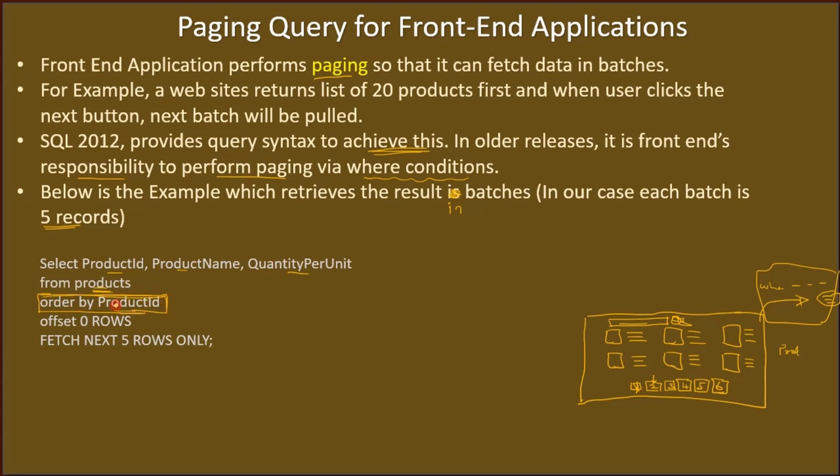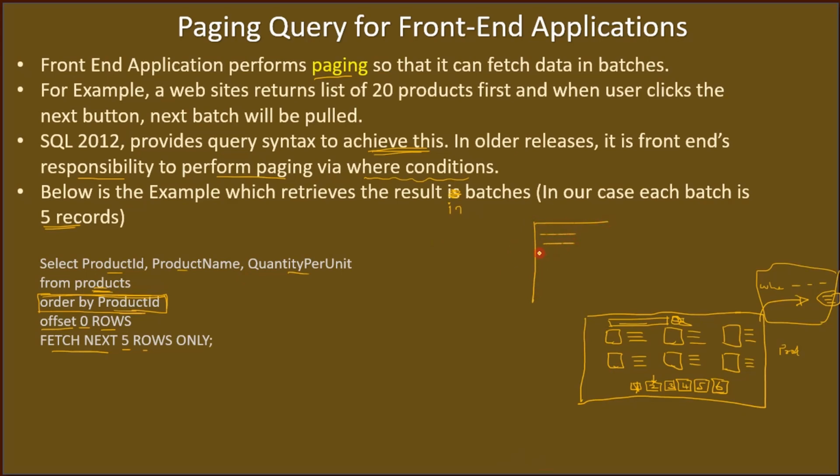We can go for order by product ID. Then offset is the keyword, 0 rows, fetch next 5 rows only. So this offset 0 stands for, suppose the query is like this: select product ID, product name, quantity per unit from products, order by product ID.